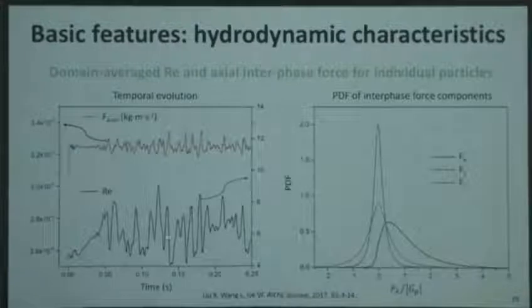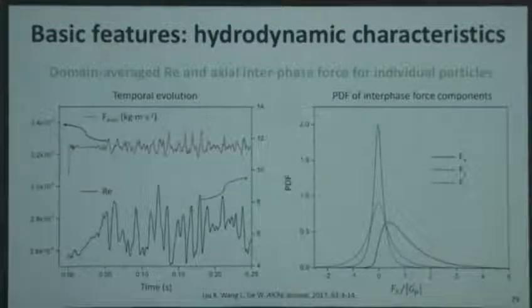But if you calculate the local Reynolds number, its fluctuation is much higher. That means the structure is changing, but this changing structure can always balance the gravity. In this sense, this system is in a steady state, but still there are a lot of structural changes.